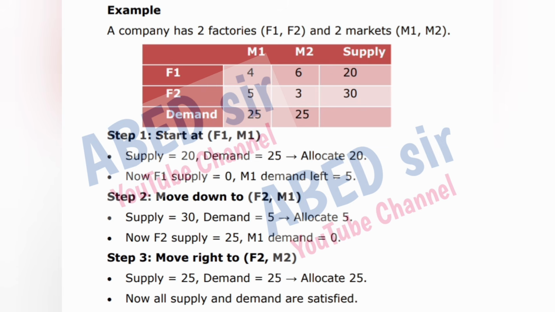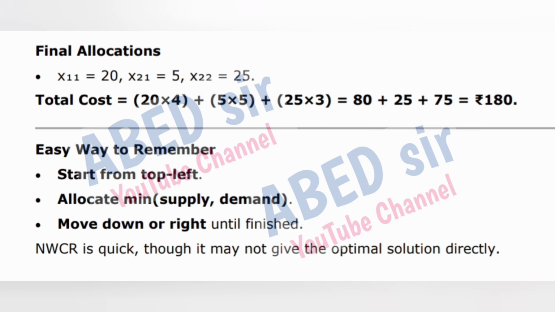Step 3. Move right to F2 M2. Supply is 25, demand is 25, allocate 25. Now all supply and demand are satisfied. Final allocations: x11 = 20, x21 = 5, x22 = 25.